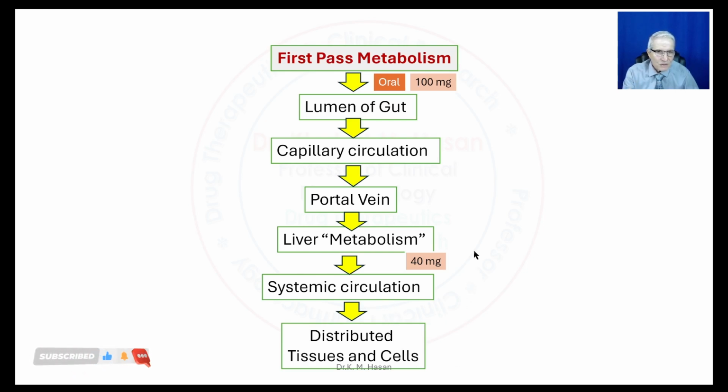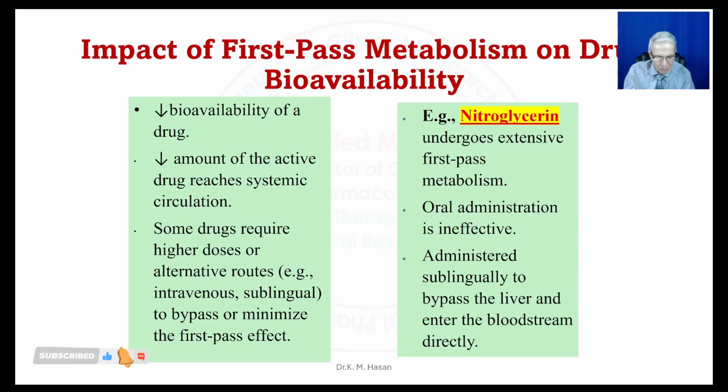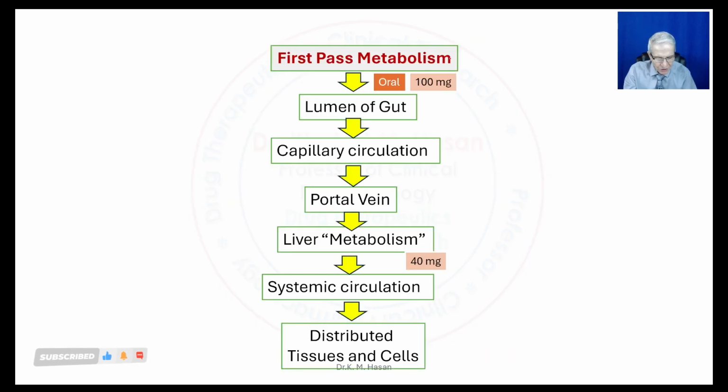This is the first pass metabolism. You can see here the percentage: how much of this medication arrives to the blood. So as you can see here, when you prescribe 100 milligram of the medication orally, 40% of this medication will arrive.